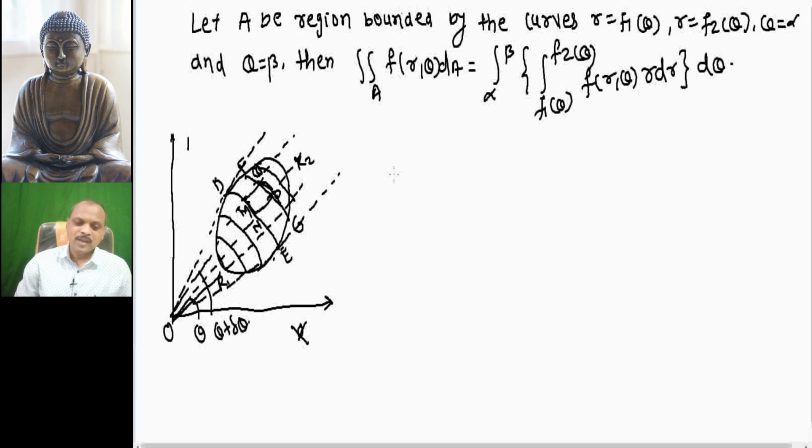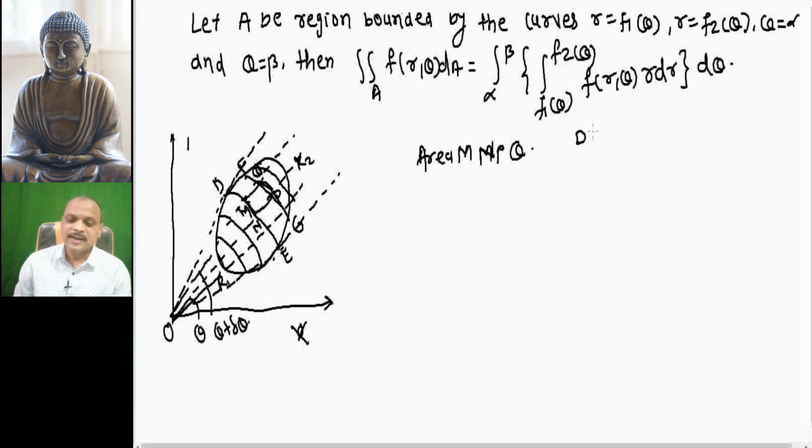Let us calculate the area M N P Q. We have divided the total area into small elementary areas by drawing the radii at different angles.